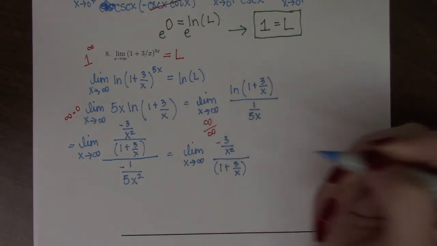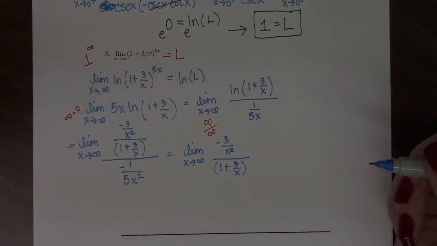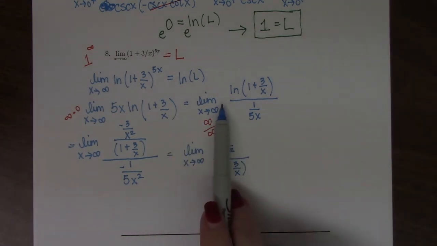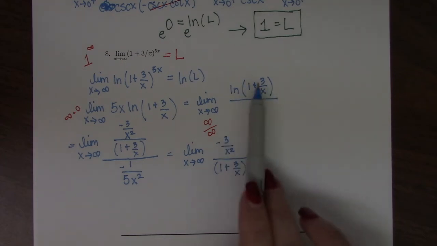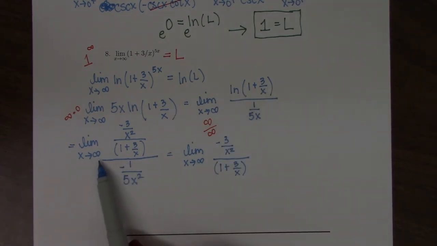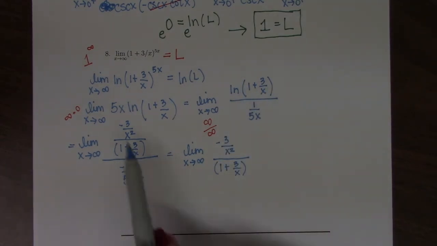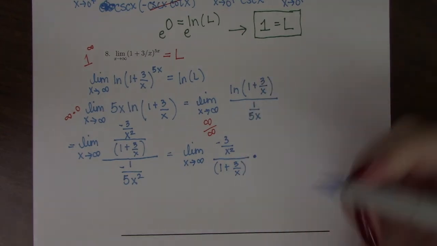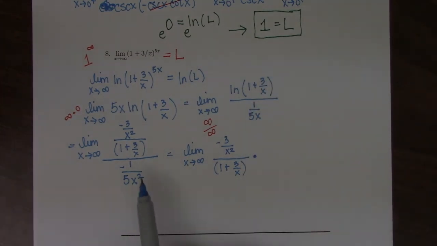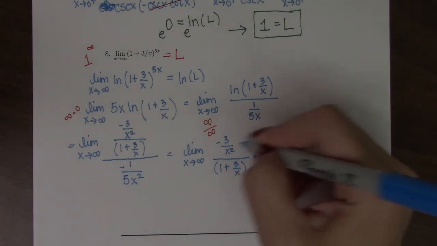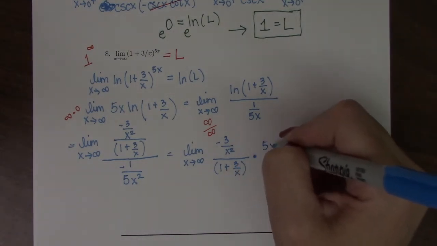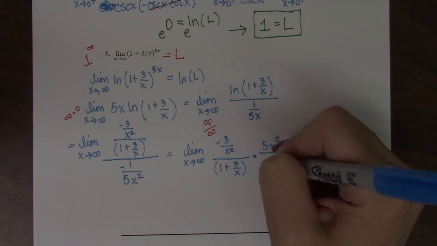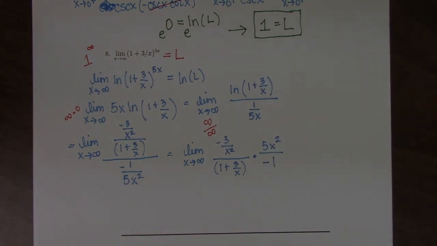Notice here, because numerators and denominators matter so much, see how I drew a big long fraction bar to indicate the numerator from the denominator, and then when I got down here, I drew a nice big long fraction bar, so all of this belonged in the numerator and all of this belongs in the denominator. So when I go to do this step, I'm multiplying by the reciprocal of this, so this is the guy that gets multiplied by 5x squared. And there's my negative 1.